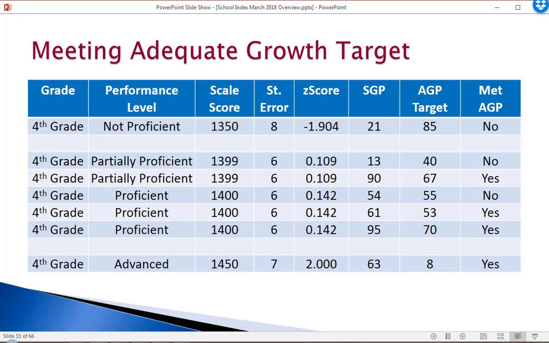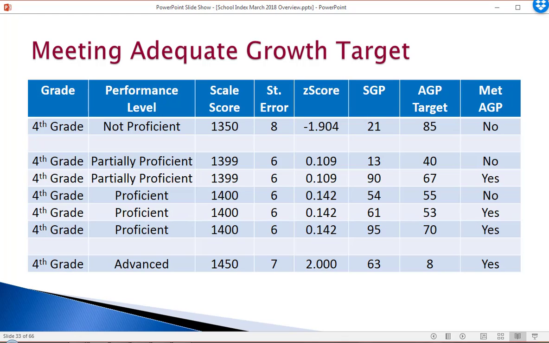In that file, you will see the grade for students, their performance level, in terms of not proficient, partially proficient, proficient, or advanced, their scale score, the standard error, the z-score, and the student growth percentile. What I want you to notice is that these student growth percentiles can range from 1 all the way to 99, or in this case we have an example down to 13 and up to 95.